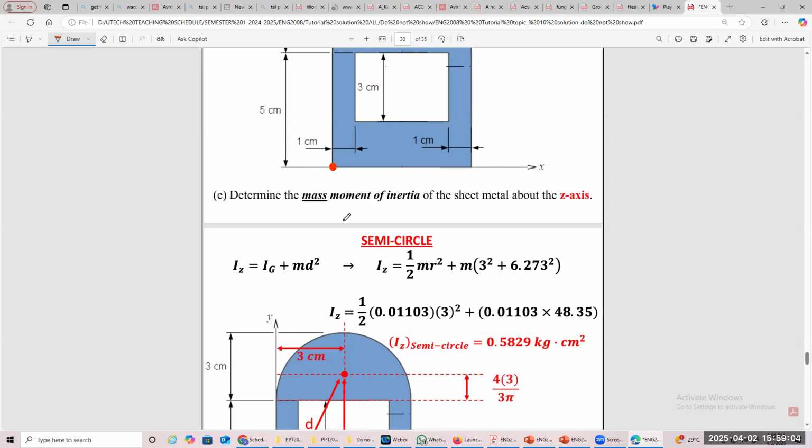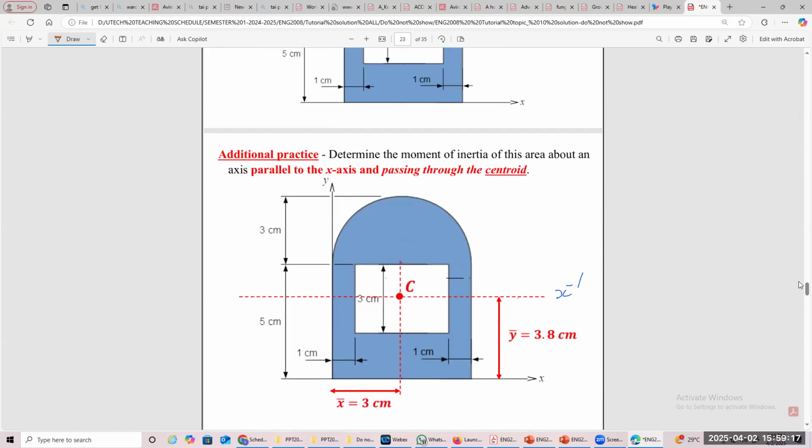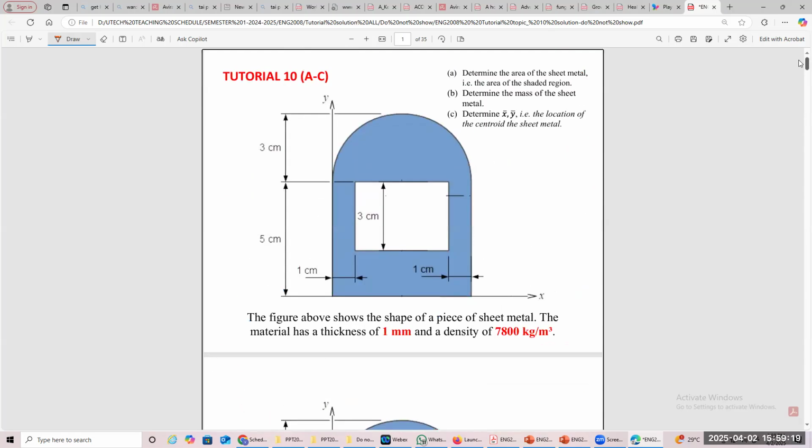Remember that we used the density times the volume, and we got the mass? Yes sir, we did it.